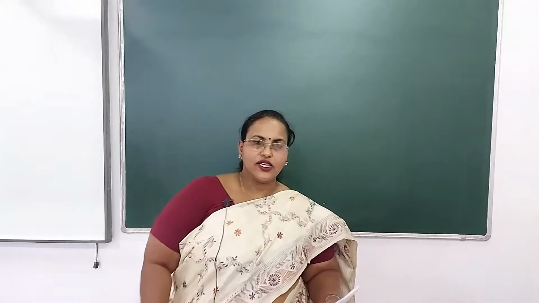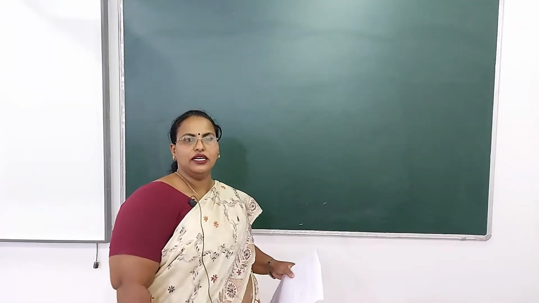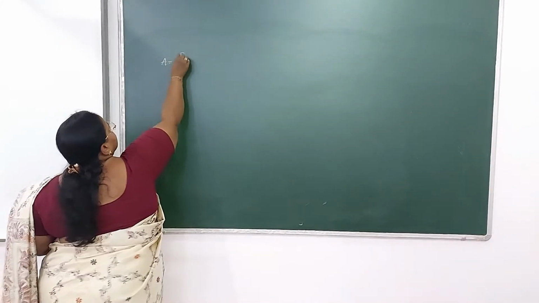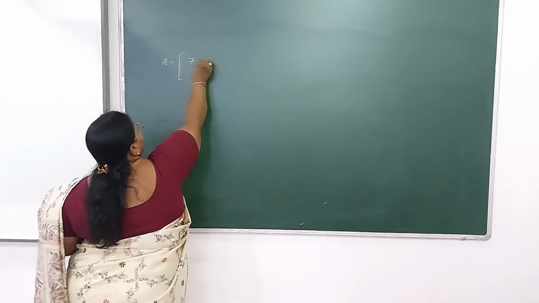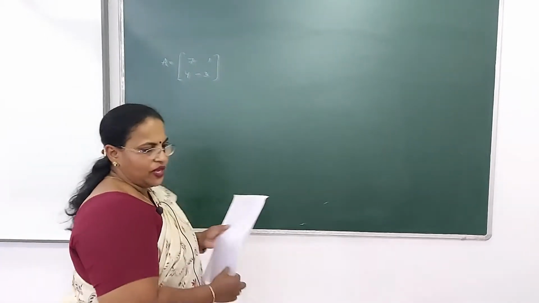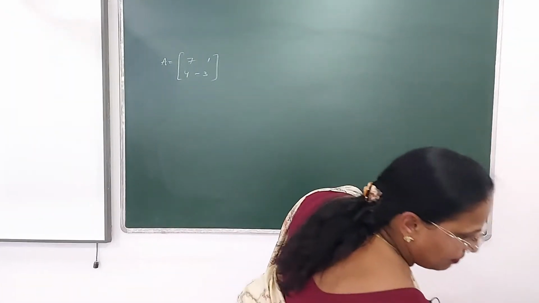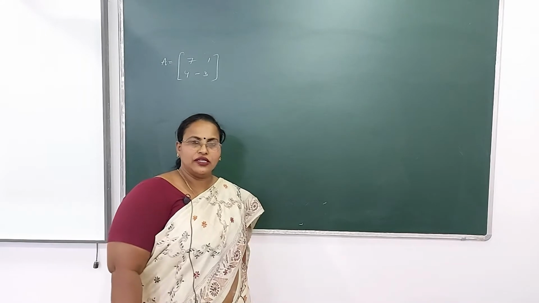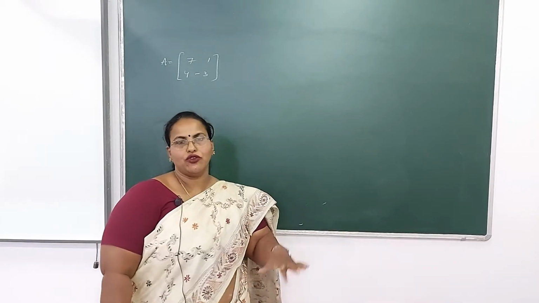Okay, let me take a question now. I will be explaining the method. See the question, A is equal to [7, 1; 4, -3]. Now we'll be using elementary transformation for finding the inverse. Either you can go for row or you can go for column.